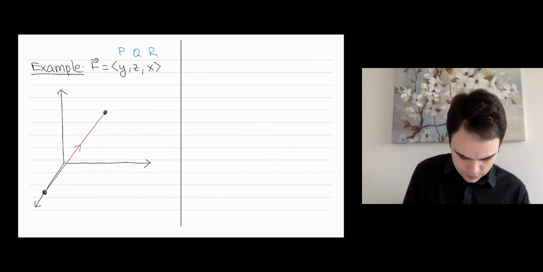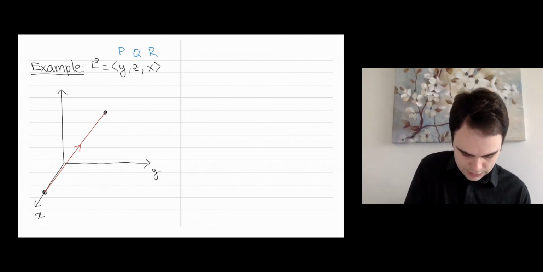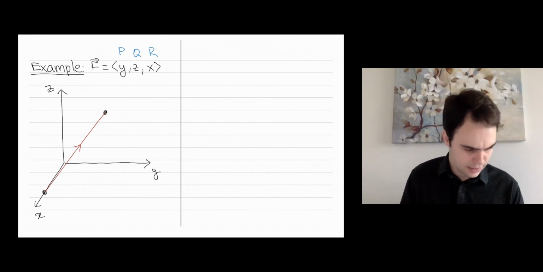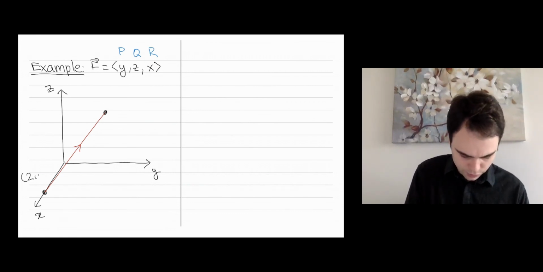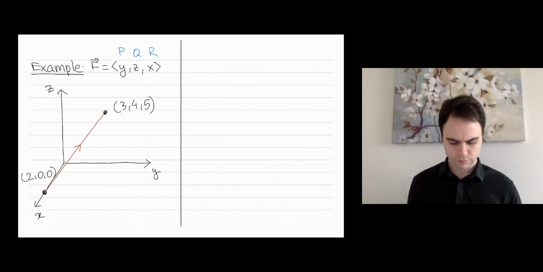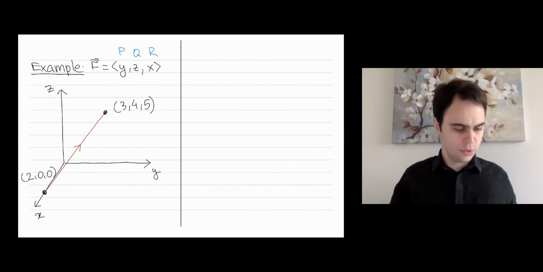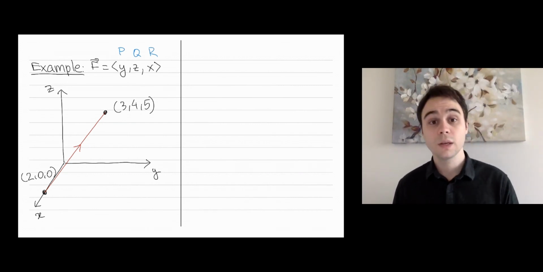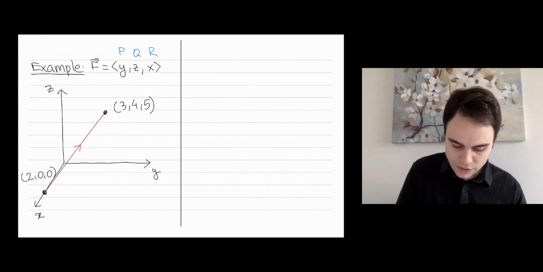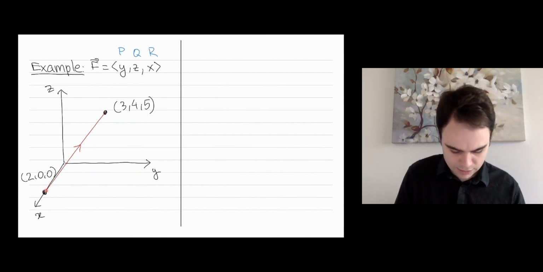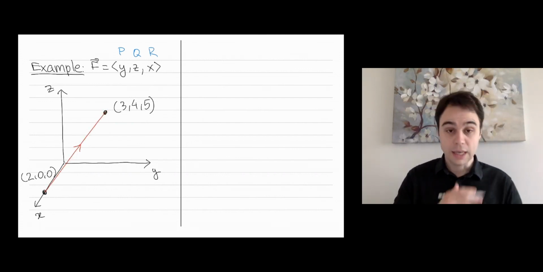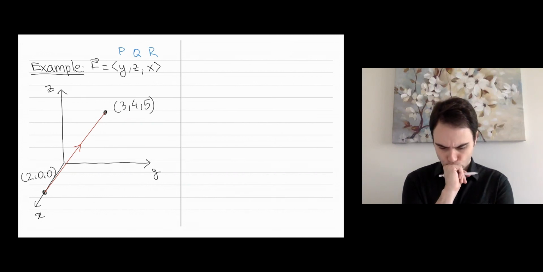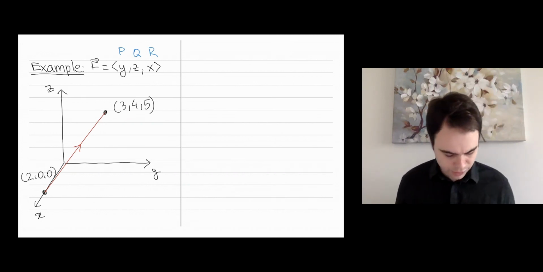So here's the X, Y, and Z axes. So this point over here is (2, 0, 0), and this point over here is (3, 4, 5). And we just want to integrate F over C. So before we do that, we need to parameterize this line segment. So let's do that.